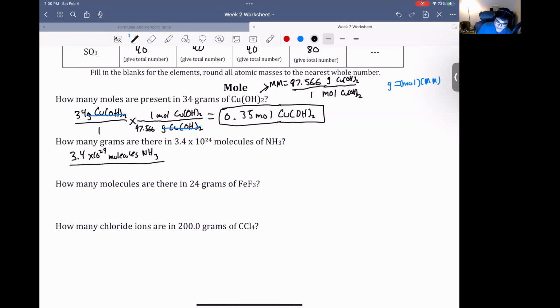Again, I like to put everything over 1 just to line up my fraction bar. Another formula you can use here, that may help you remember the relationship, is that the number of atoms or molecules, depending on the context, is equal to the moles of whatever you have times Avogadro's number, which I'm denoting with an Na here.